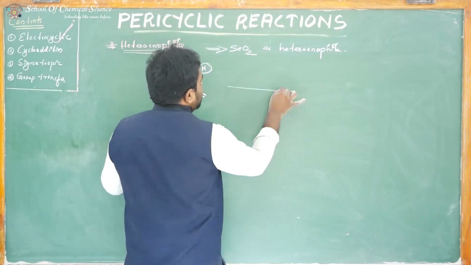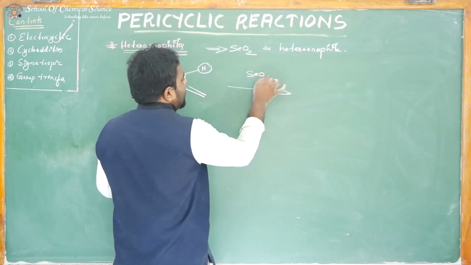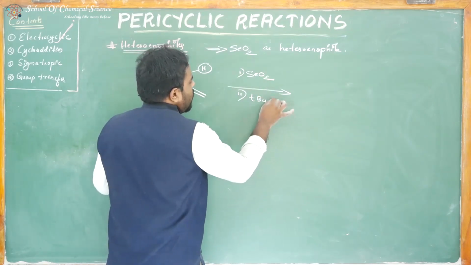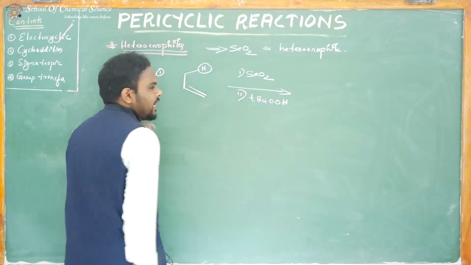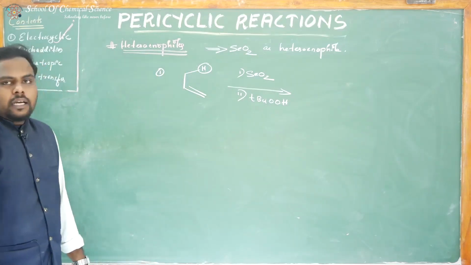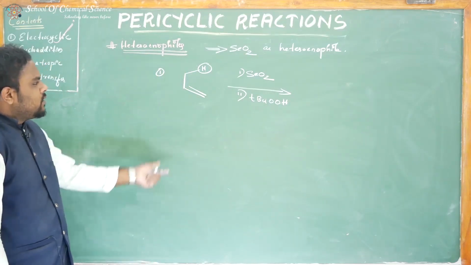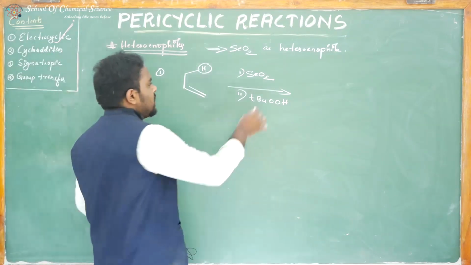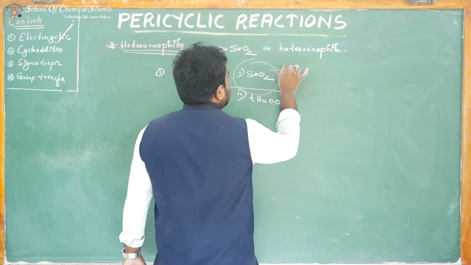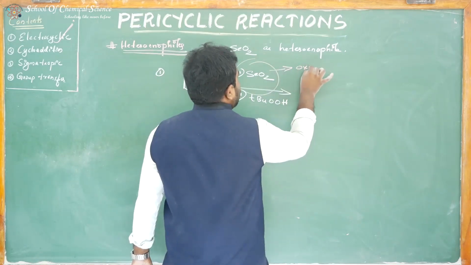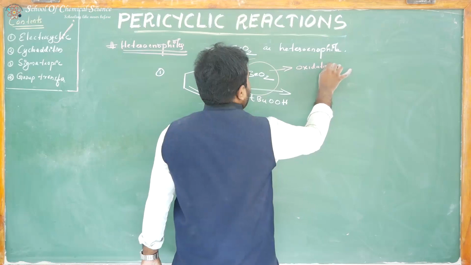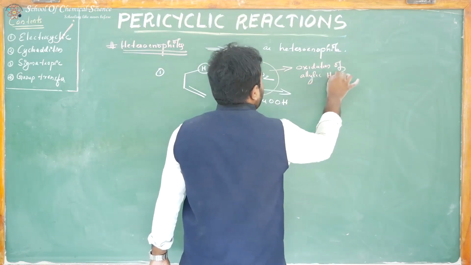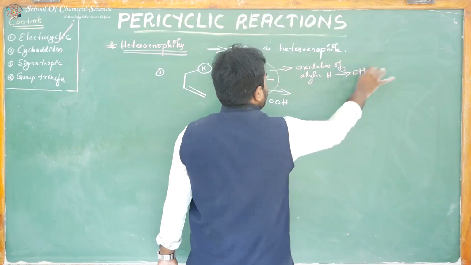On reaction with selenium dioxide, SeO2, in the second step, t-BuOOH, tertiary butyl hydrogen peroxide. So selenium dioxide is a typical reagent used for the oxidation of allylic hydrogen to OH.